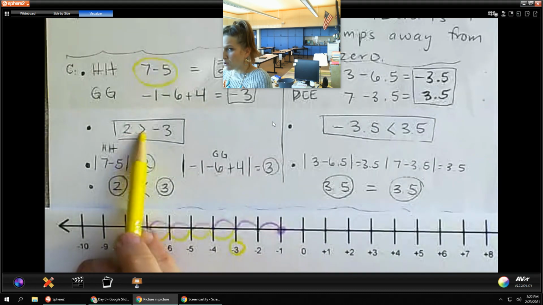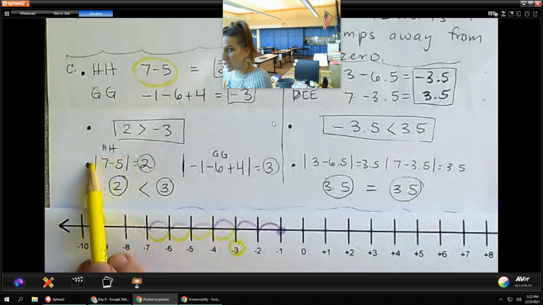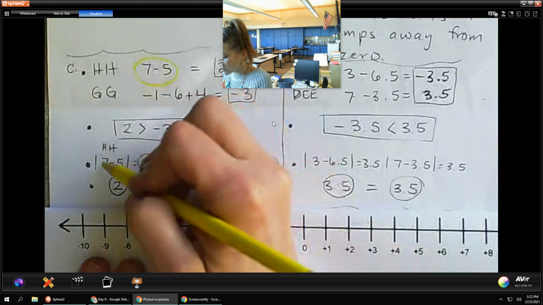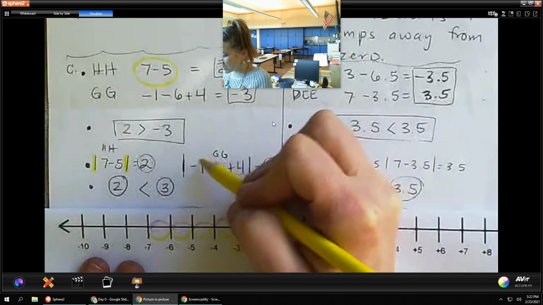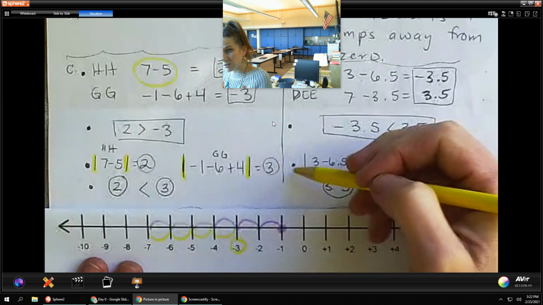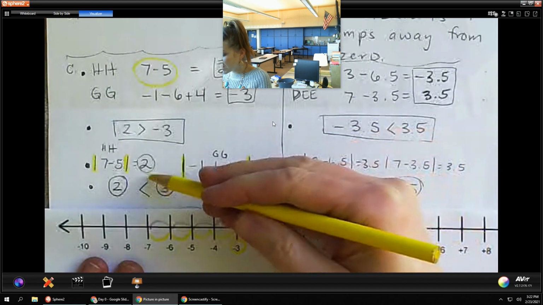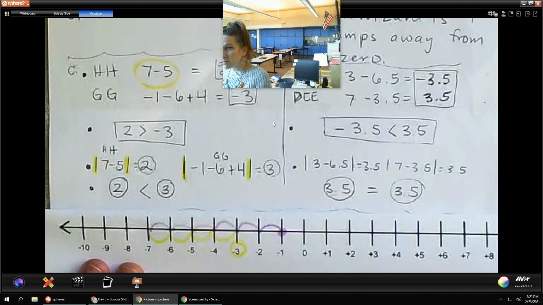A positive will always be greater than a negative. Then we had to write them as absolute value. Those are those bars. Absolute value. And when we turn the answer into a positive, we can tell that Gigi actually won. You do the same step for this one.